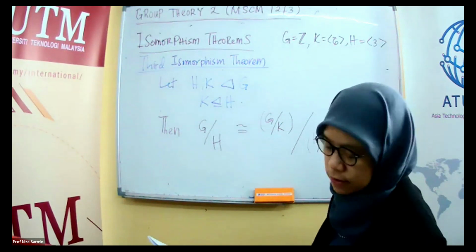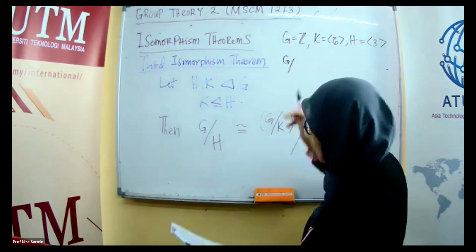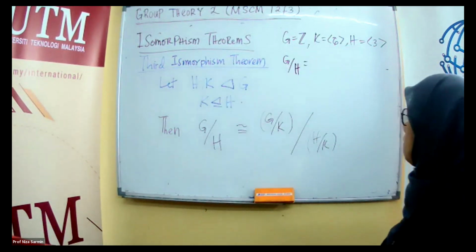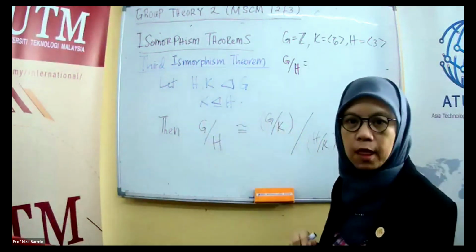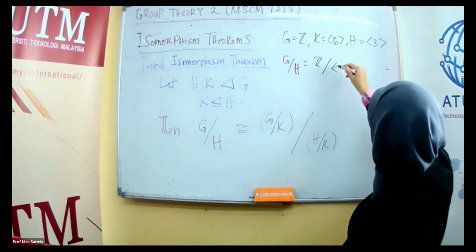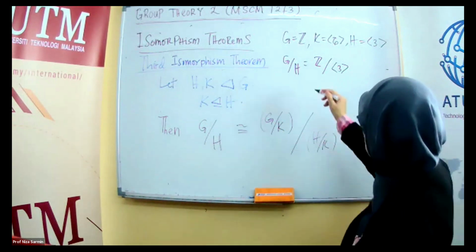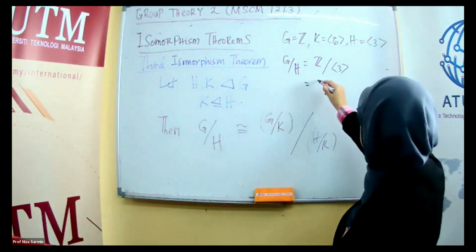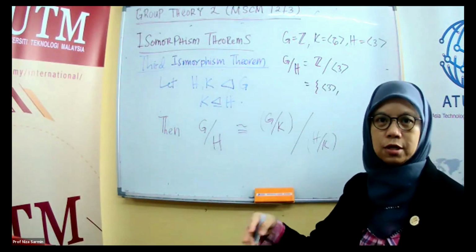Okay. All right. So what is G mod H? G mod H is Z mod 3Z. So again, just now I already wrote it out. One coset is 0, 3, 6, 9.